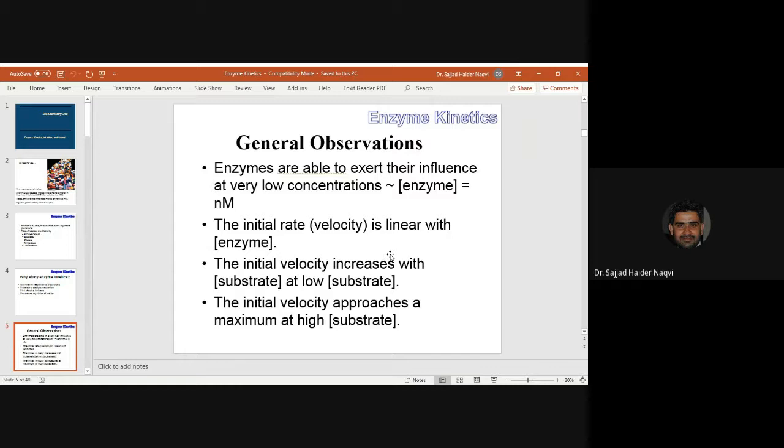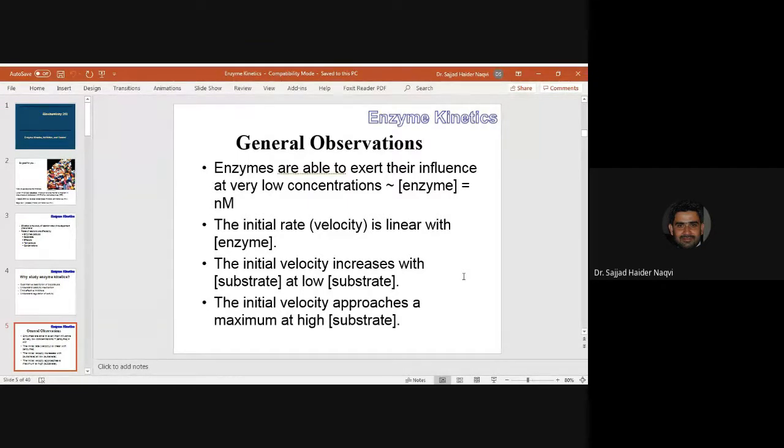The third observation is that the initial velocity, or initial rate, increases with the substrate concentration. That means when you increase the substrate concentration, the initial velocity will also increase. But that happens at low substrate concentration.